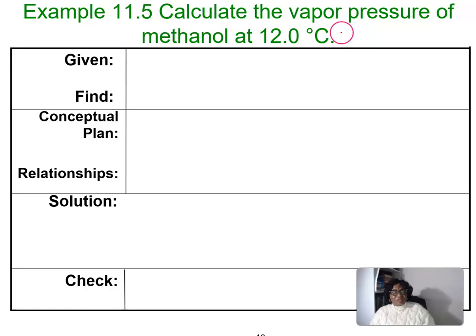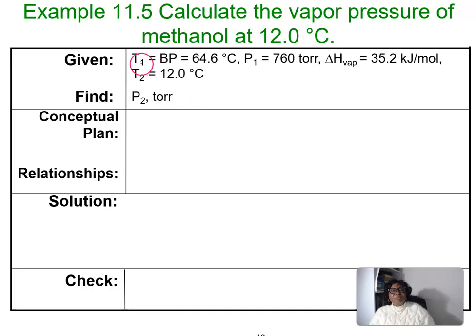But in this case, because it's like a homework, our T1 will be the normal boiling point, and our P1 will be the atmospheric pressure. Remember we said normal boiling point is the point at which the vapor pressure matches the atmospheric pressure, 1 atmosphere. So that's what we are going to do.